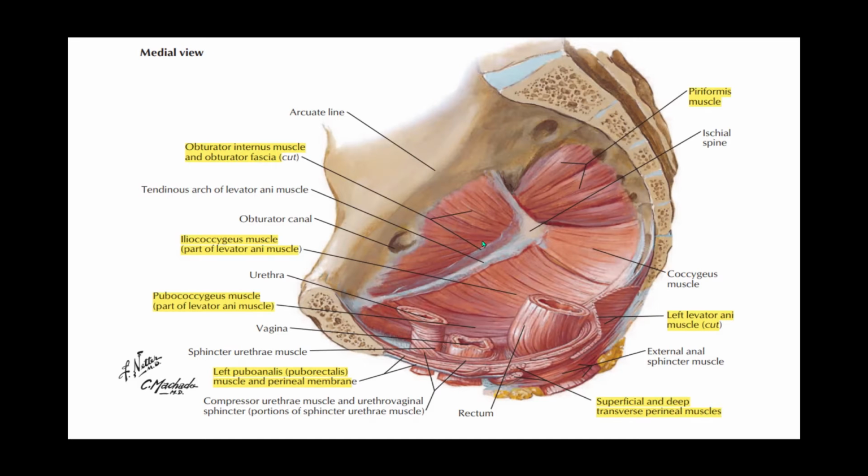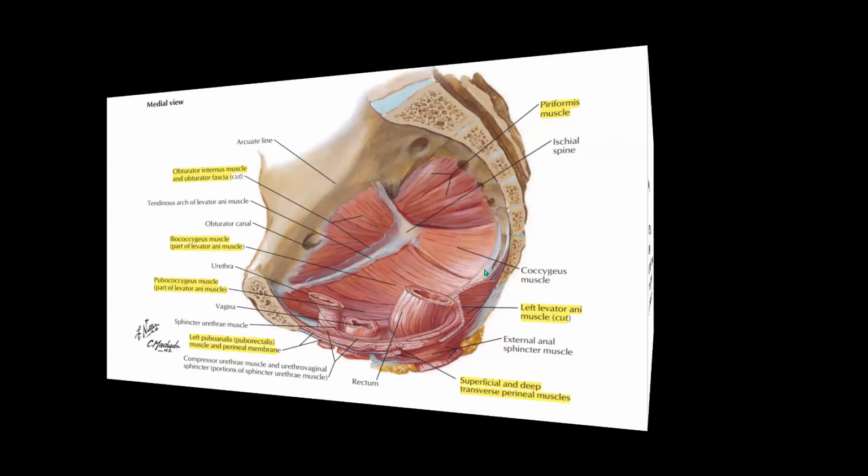The obturator internus originates from part of the obturator membrane, part of the pubic bone, and from this tendinous arch of the levator ani. The iliococcygeus muscle also takes origin from this tendinous arch of the levator ani, as well as the ilium bone. So let's progress.